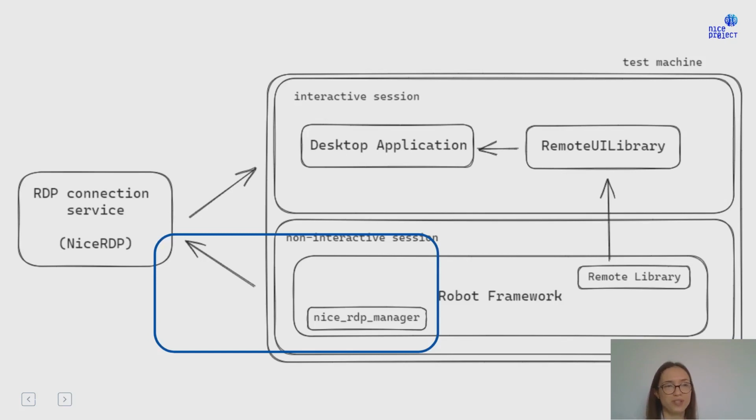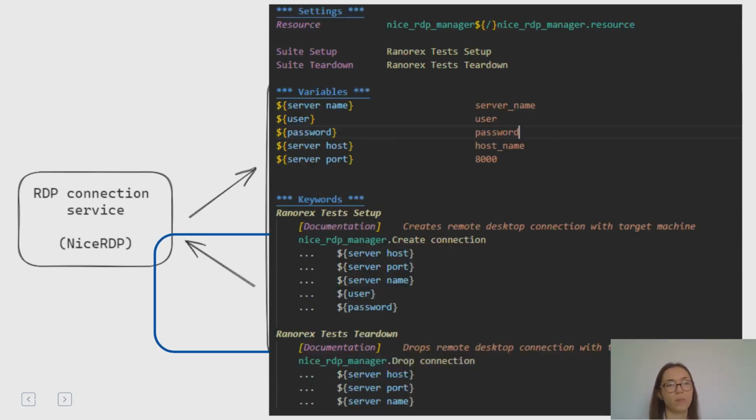Now let's revisit the architecture diagram and take a closer look at some elements of our solution. I have already mentioned the NiceRDP Manager library. This library is in fact a Robot Framework resource file and should be imported using the resource keyword. In the example, you can see a simple test setup and teardown that utilizes the NiceRDP Manager resource.